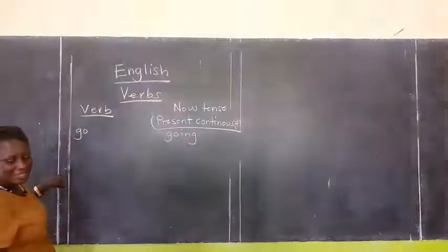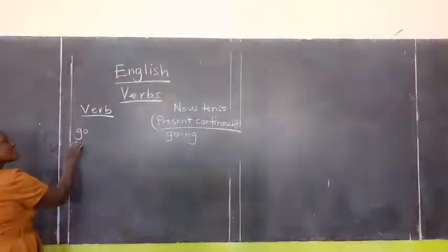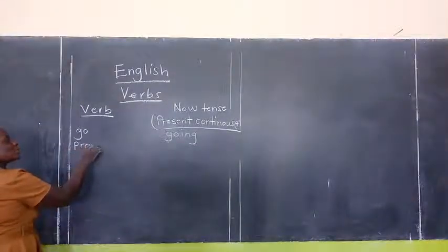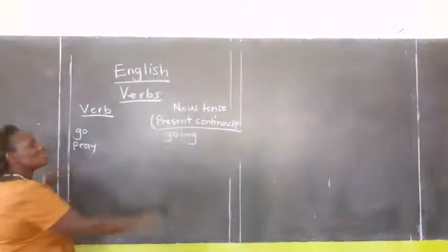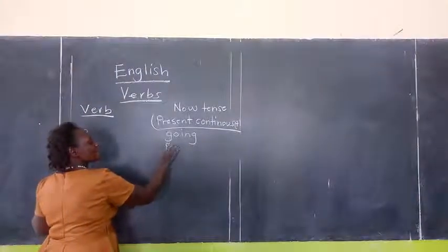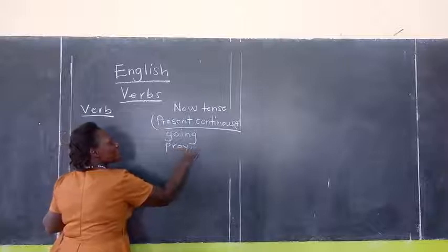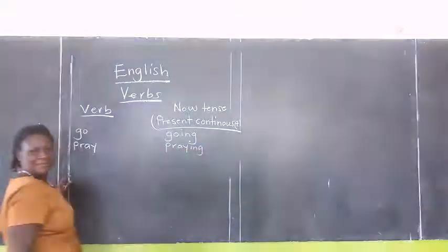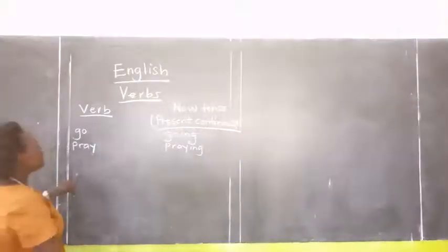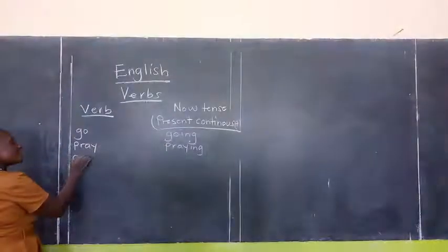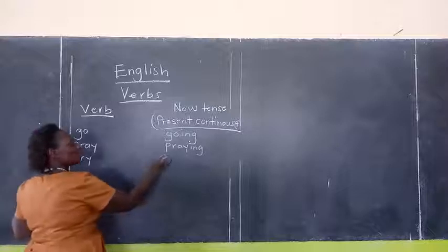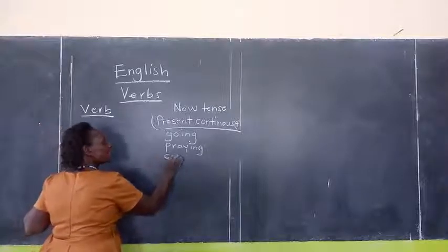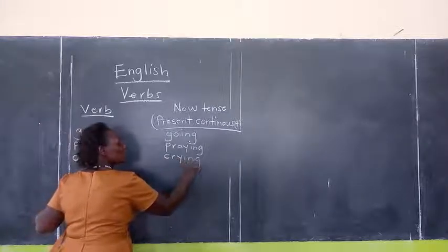Then we have the verb like pray. Praying to your God. Then when it comes to now tense, you say praying. We can have a verb like cry. When it is changed into now tense, you just add on ing.